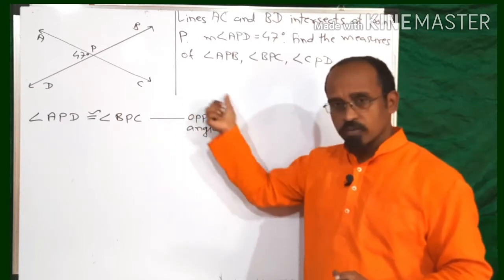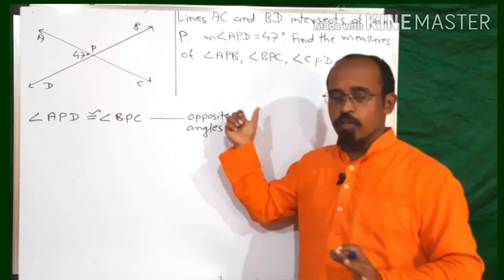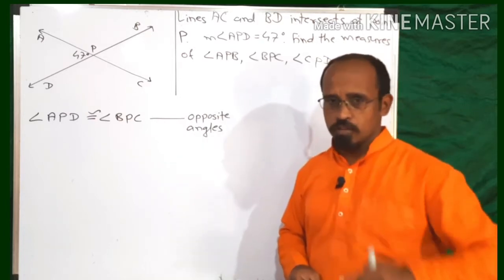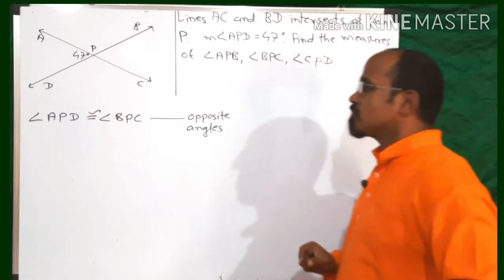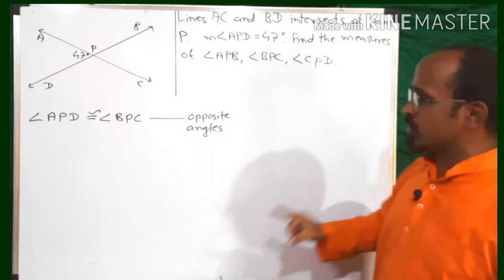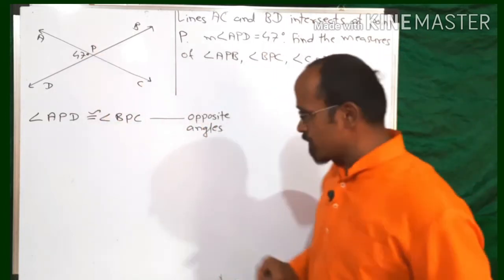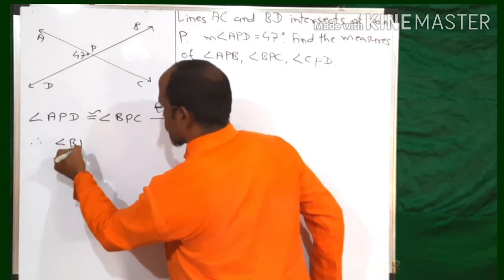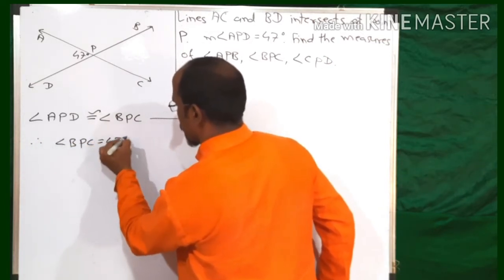But never forget to give such reasoning. If you are using a shortcut, use it properly. Otherwise, a shortcut may cut short your marks. Right? So APD is congruent to BPC. APD is equal to 47 degrees. Therefore, angle BPC is also equal to 47 degrees. Done.